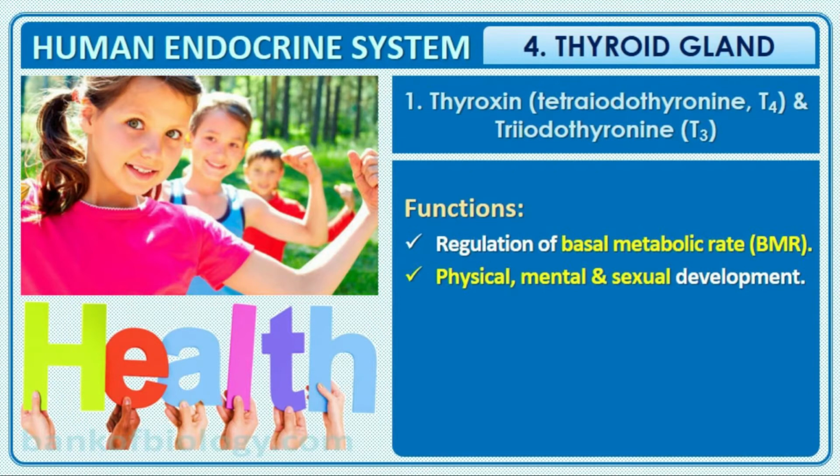What are the functions of thyroxine? Regulation of the basal metabolic rate, all the metabolism, carbohydrate, protein and fat metabolism taking place. It regulates basal metabolic rate and also physical, mental and sexual development.